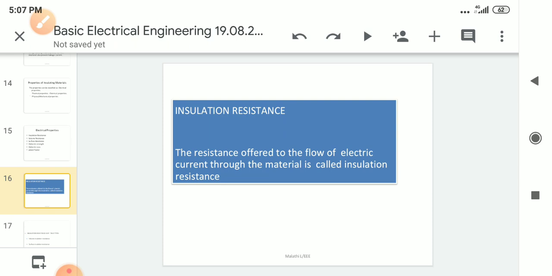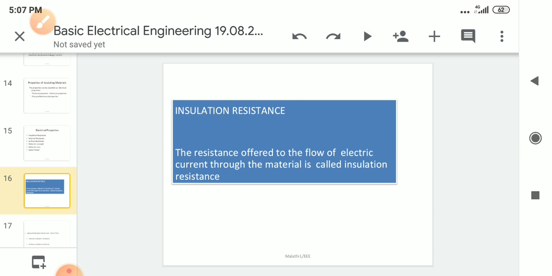The top one is the insulation resistance. Insulation resistances are generally of the value of 10 to the power of 10 to 10 to the power of 20. We have to study its insulation resistance and its conditions. These values change based on the temperature, so we have to take care of this.